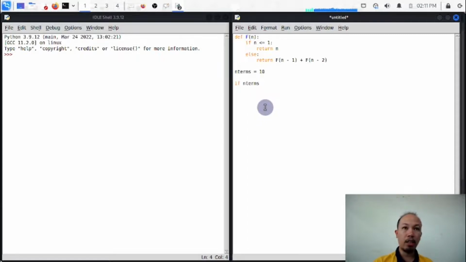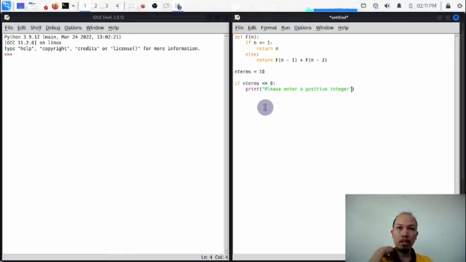So if n terms is less than or equal to 0, if it is negative, then we have to print this message: please enter a positive integer.